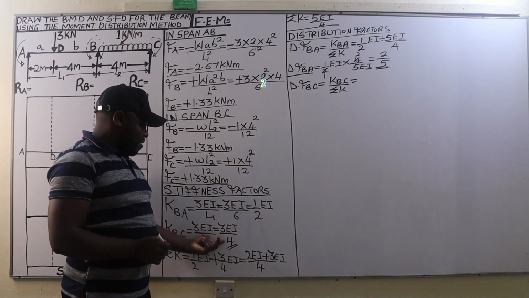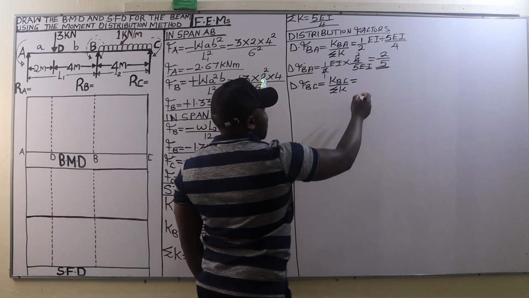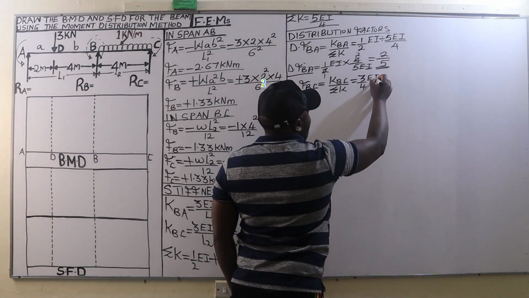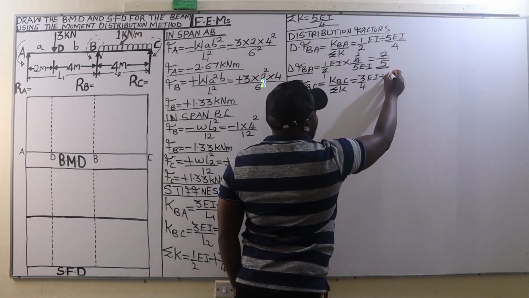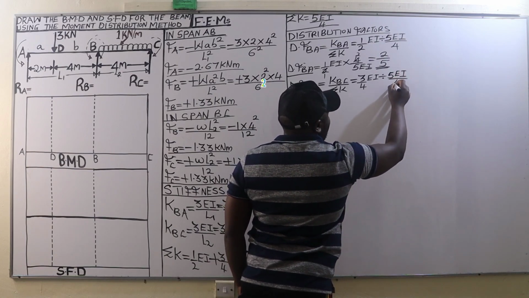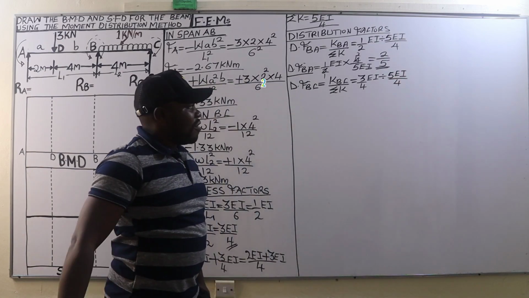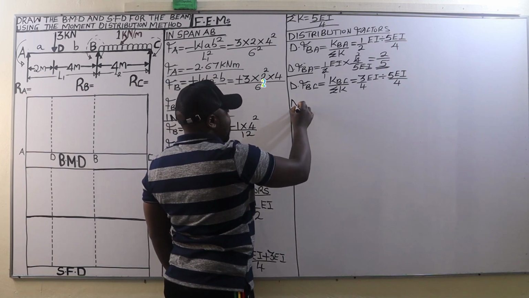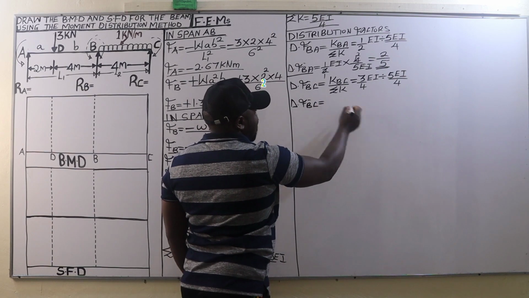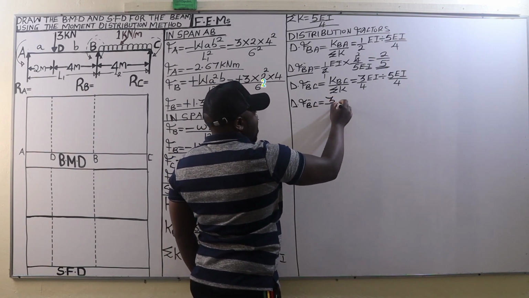We got it as 3 over 4 EI. So this is going to be 3 over 4 EI divided by the summation of stiffness factors, that is 5 EI all over 4.